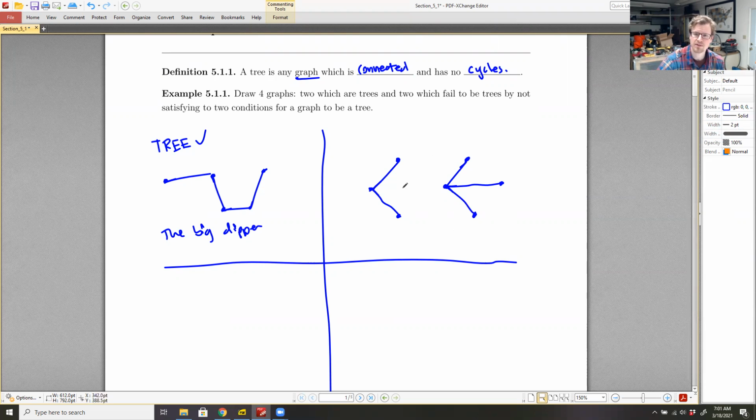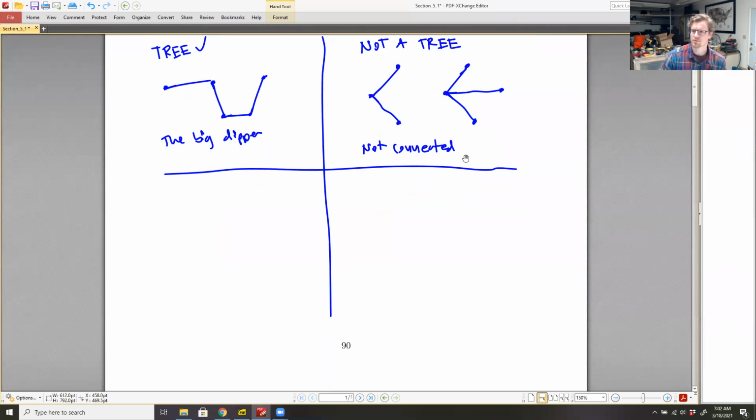I can't get from this vertex to any one of these 4, so this is not connected. So according to the definition of what a tree is, this is not a tree. Okay. So again, we're just looking at some examples to try and get an idea of what is a tree and what is not a tree. That's all we're looking for here.